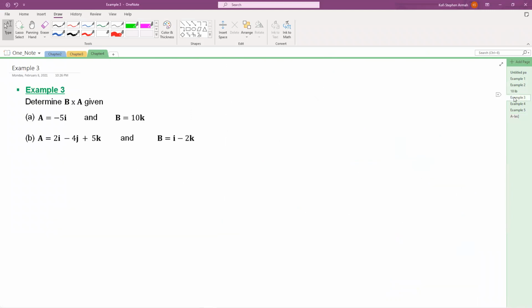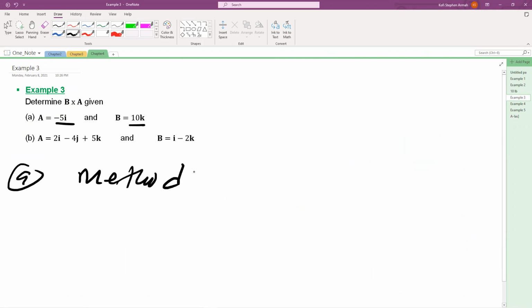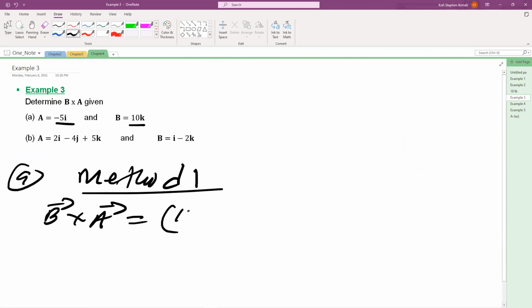So I'm doing example 3. Example 3A is just one term. What I said is for method 1, you could just write B cross A to be 10K cross minus 5I.